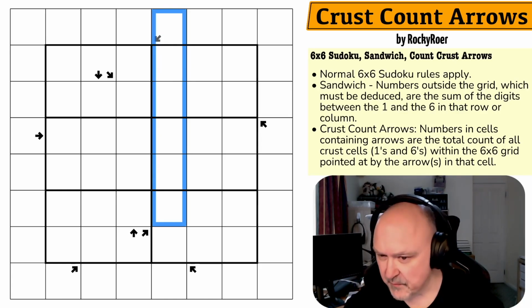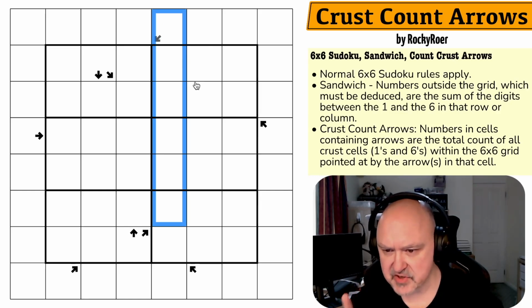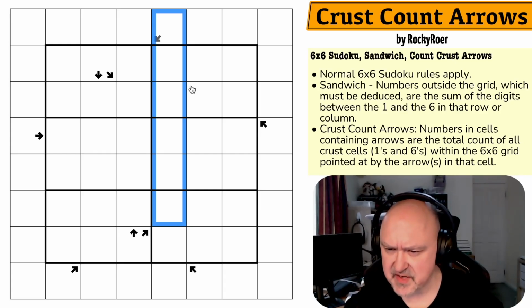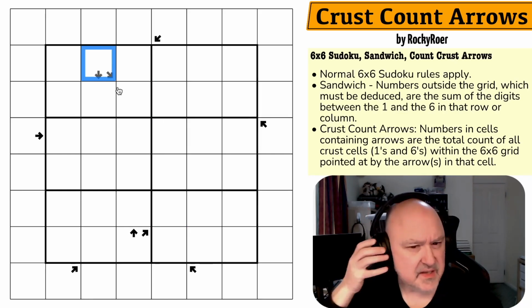Okay, so then we've got crust count arrows, which are these little arrows. Numbers in the cells containing arrows are the total count of all the crust cells, 1s and 6s, within the 6x6 grid pointed at by the arrows in that cell. So I'm trying to think what that means.